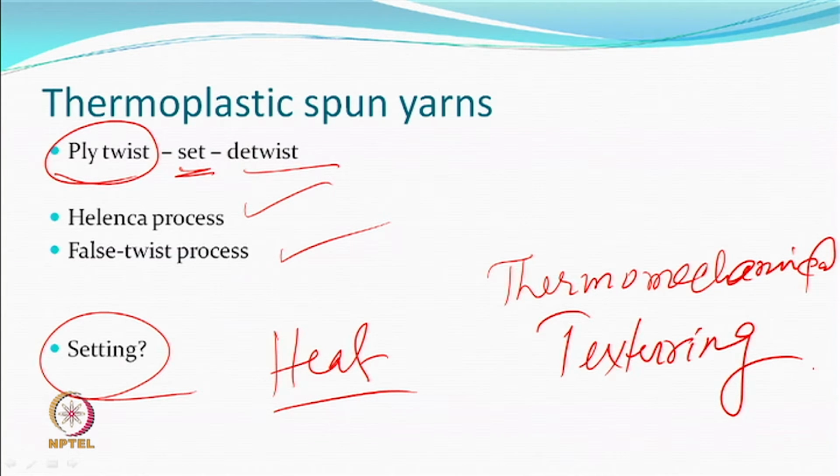So, although you will generally have two spun yarns plied together and then heat set and then detwisted, you will get similar retraction properties because you are now setting this process.